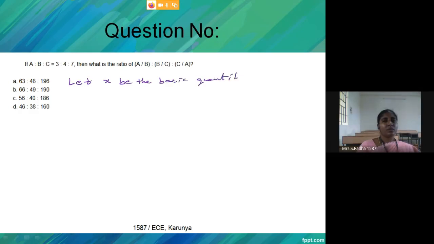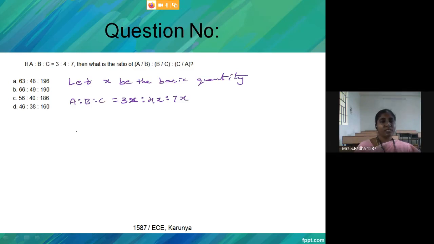Now, in the given details, the ratio A is to B is to C is with respect to a basic parameter. So X is the basic parameter, and 3x, 4x, 7x is the ratio in which A, B, C are present.